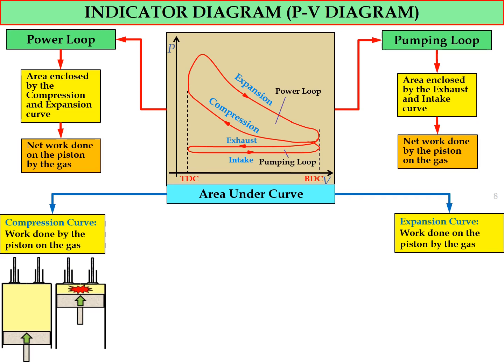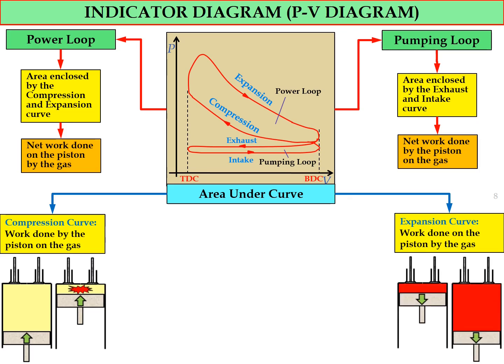And if we calculate the area under the expansion curve, we get the work done on the piston by the gas. This refers to the expansion process, because the high pressure, high temperature gas will push the piston downward.